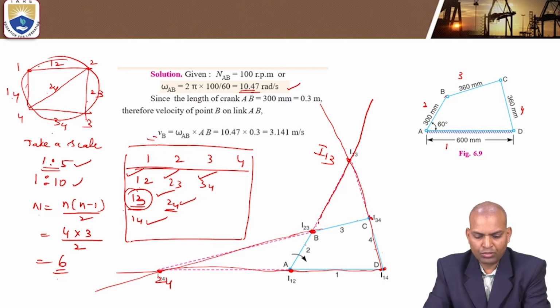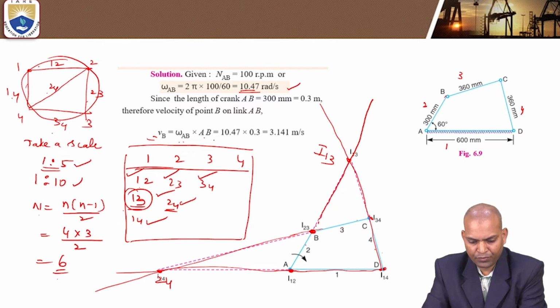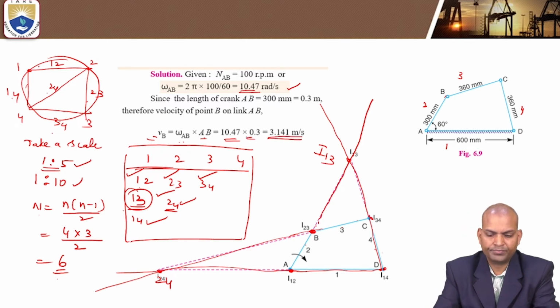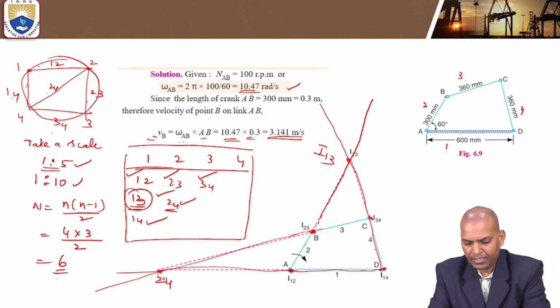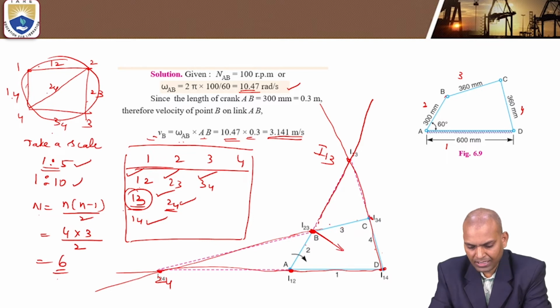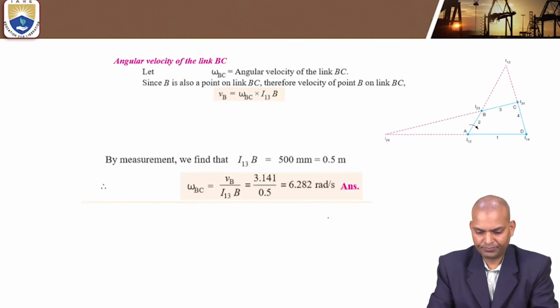So VB equal to omega AB times AB, where omega AB equals 10.47 radians per second and AB is 0.3, that is 3.141 meters per second. We know VB. This B is connected to two links: one is link 2, another one is link 3. So how to calculate?